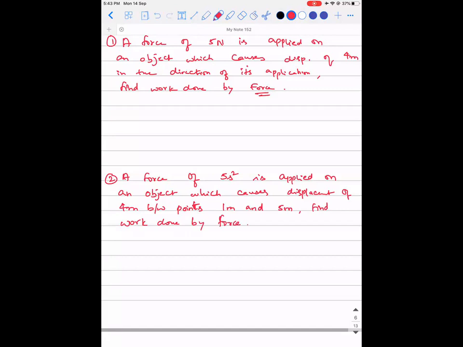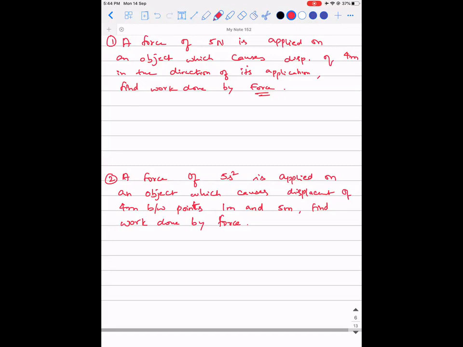So, observe. What exactly is the difference between the first and the second question? I'll give you 2 minutes. Just go through it. The first one we gave the value of force, sir. Second one we gave acceleration, sir. Where did I give acceleration? Sorry, sir, I meant 5 meters. So the first one you gave in terms of force, the second one in terms of displacement. Okay.